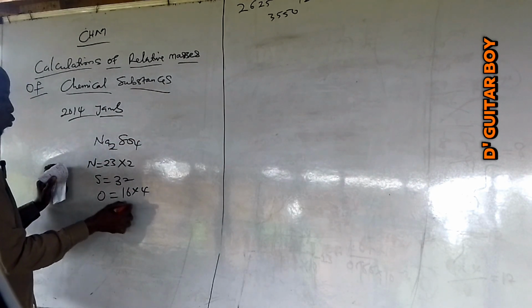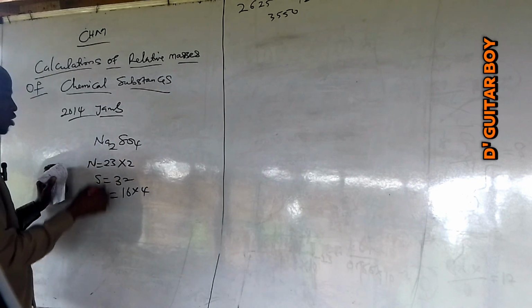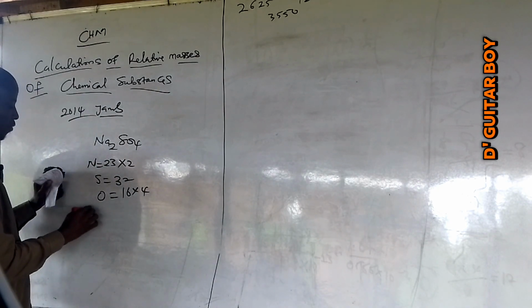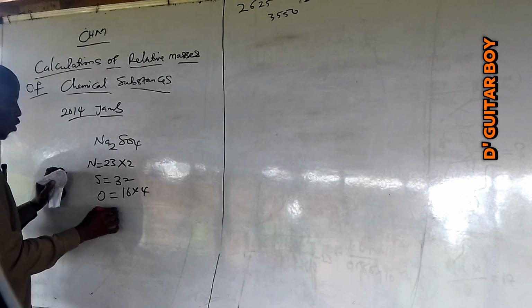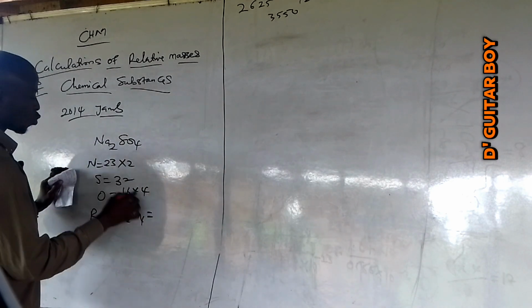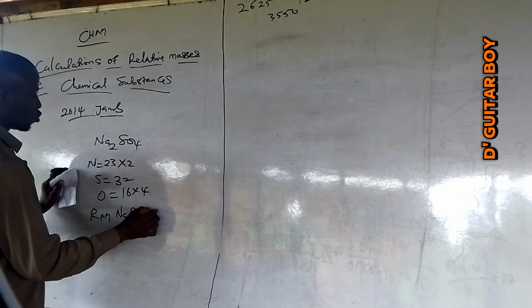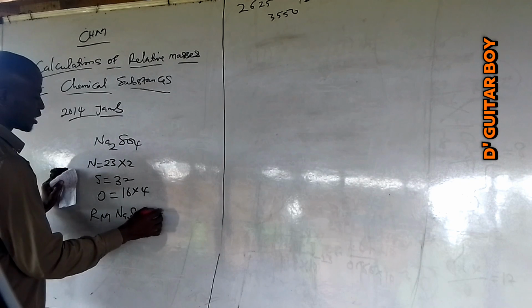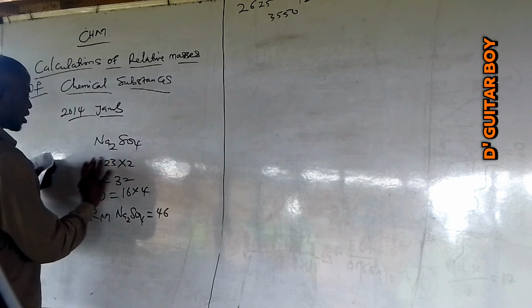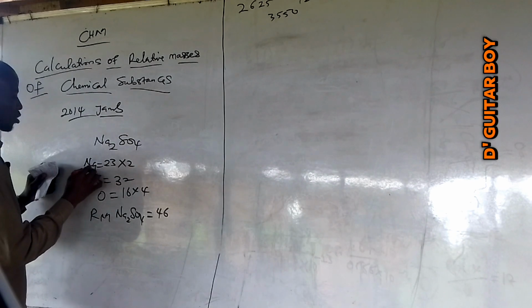So when you add everything together, just as we did in the previous one, the relative mass of Na2SO4 will be equal to, this times this will give you 46. Sorry, this one is sodium, not nitrogen. This one is sodium.